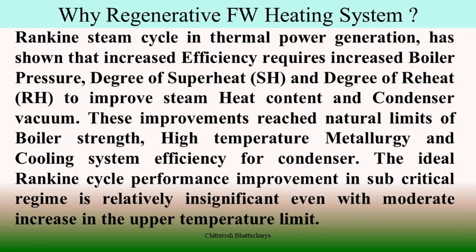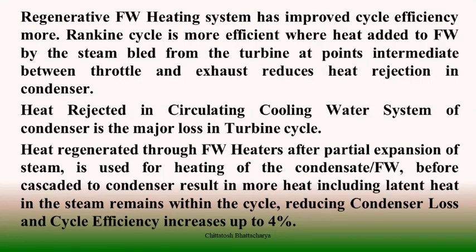But they have a natural limit in terms of boiler strength, temperature of the steam, metallurgical limit, and cooling system efficiency for the condenser. So naturally, for further improvement in the subcritical regime, we have to go for the system moderation.